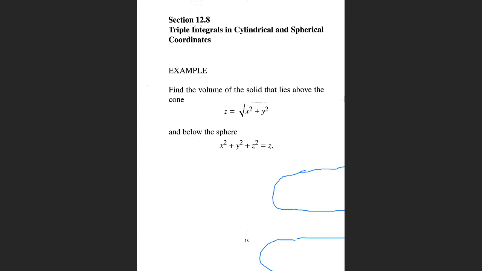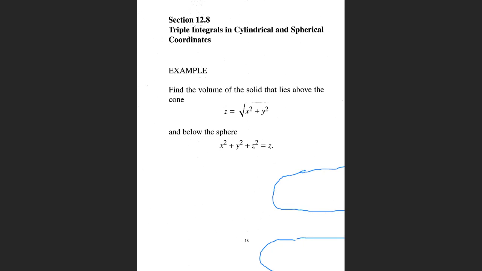On this problem, it's actually an example from the book, and they use spherical coordinates. I've not tried to do the integration using cylindrical coordinates because I think spherical coordinates, based on the geometry of the problem, are going to work much better.